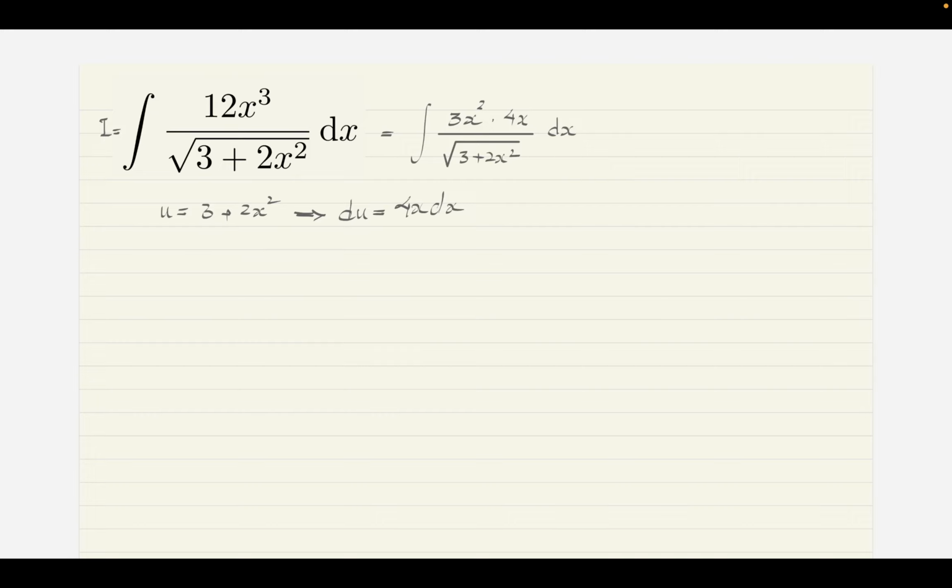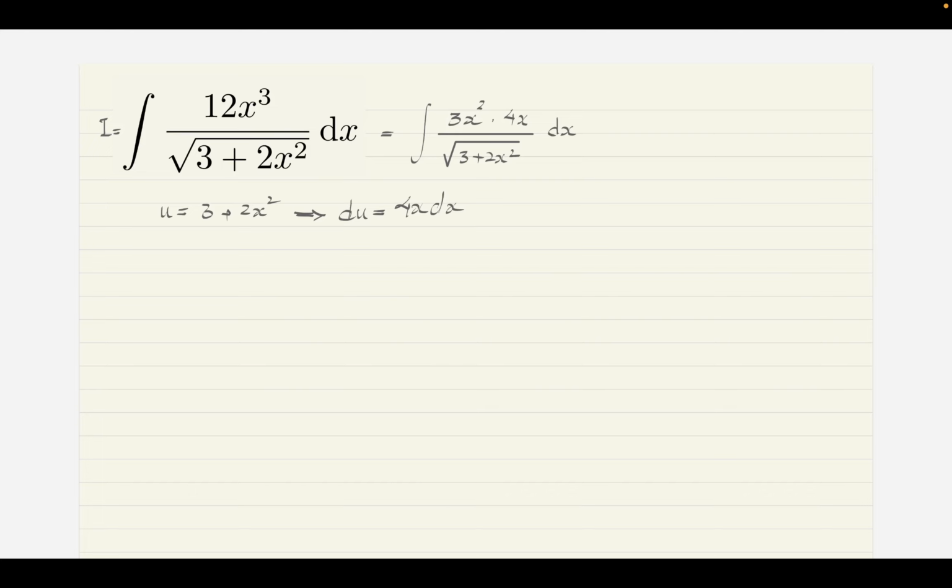First of all, this is valid, because if I multiply these two, I will get this back. So I haven't done something wrong, so this is legal. But the point is that when I do that, this part now becomes du, and this part becomes the square root of u, so I am getting closer to my goal to eliminate x, but still this x squared is left. But that is also not an obstacle.